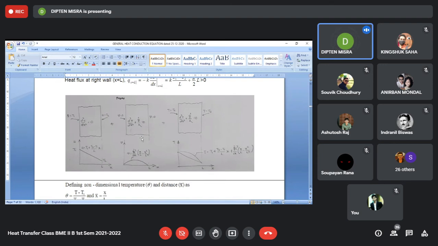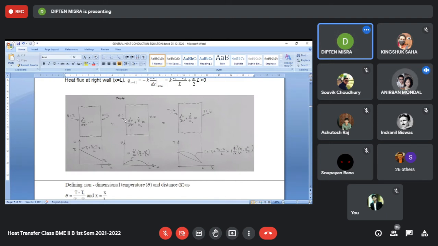Moreover, if you look at the central line of this volume, if you draw an imaginary line through the center, then in what direction will the heat flow across that line? It will neither flow in the right hand direction nor in the left hand direction, because this problem is symmetric.